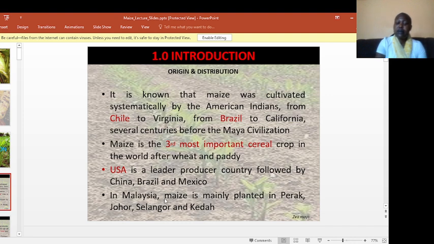In Malaysia, maize is mainly planted in Perak, Johor, Selangor and Kedah. And in Kenya, maize is mainly grown in Trans Nzoia, Uasin Gishu, Nandi counties, and Narok.